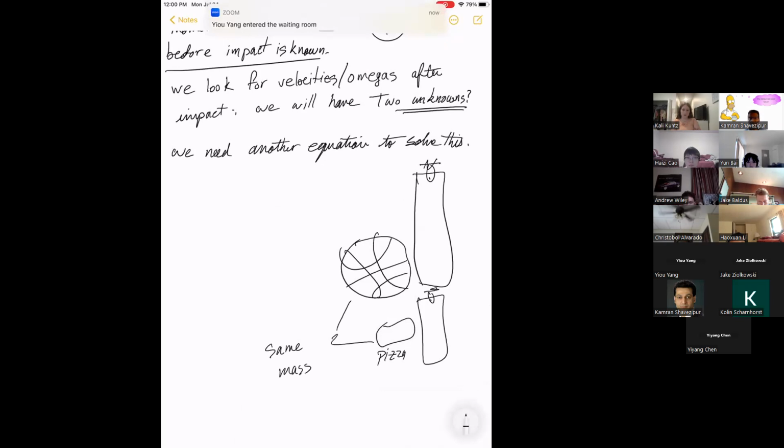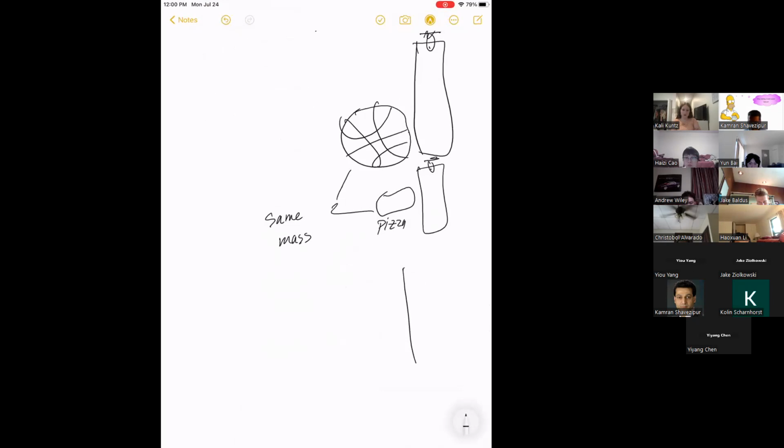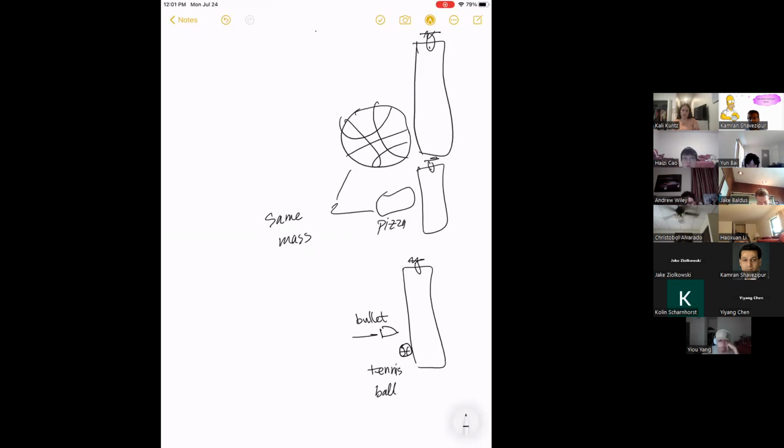It's not going to have the same output. Or let's give another example. You have a wooden plate hanging here. You hit it with a tennis ball, or you hit it with a bullet. Let's say they have similar masses. Is the outcome the same? No, because the tennis ball may bounce back, while the bullet may even penetrate inside and become one piece.